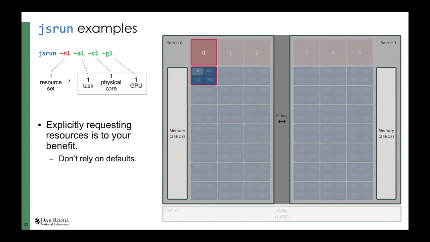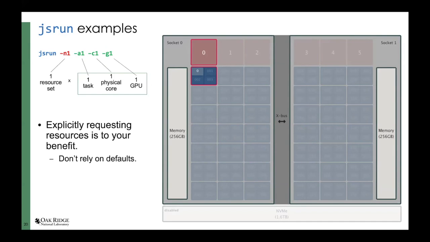We want it to contain one physical core, and we want it to contain one GPU. And so you can see how the resource set is altered in the layout there, so that now a resource set has a GPU, and it still has the same physical core. But you can see this way how we can control what we have, and we don't have to take defaults.